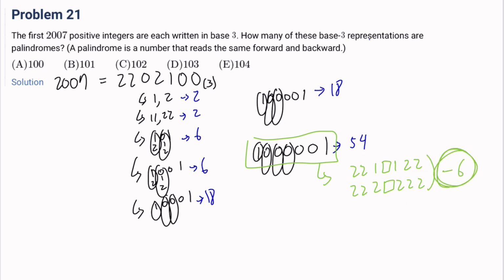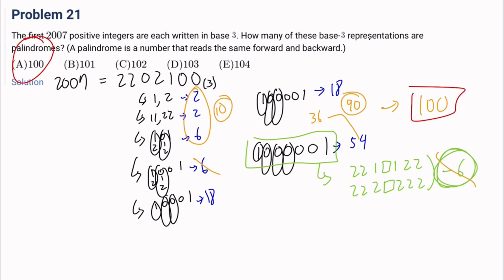So we have to subtract 6 choices. If we add everything, 2, 2, 6, 6, 18, 18, 54 minus 6, right? So this is 10, and 18 plus 18 is just 36, right? So this is 36 plus 54, so those two get up to 90, so it's 90 plus 10, which is 100, so 100 is our answer.